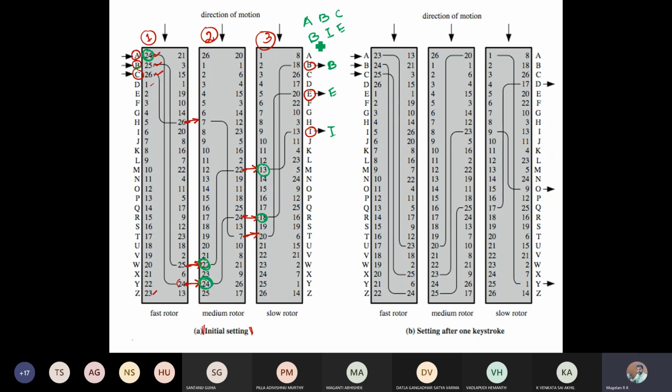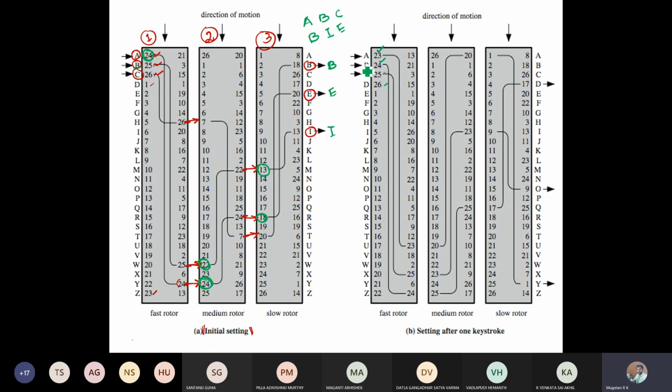So B will be replaced with I, and C will be replaced with E in this case. This is after the first transmission. Once this transmission is over, you can see that after a single keystroke, the entire set of keys has moved on. That is, 23 came here, then 24, 25, and 26.